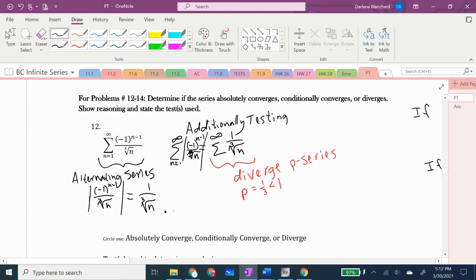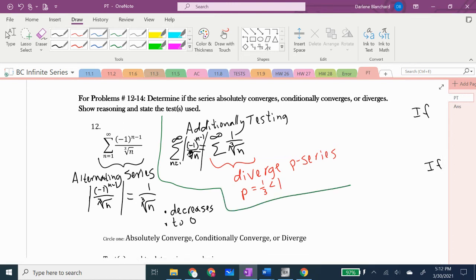I'm going to start by just saying decreases to 0. And that is officially expressed by the test by saying that the n+1th term is smaller than the nth term.